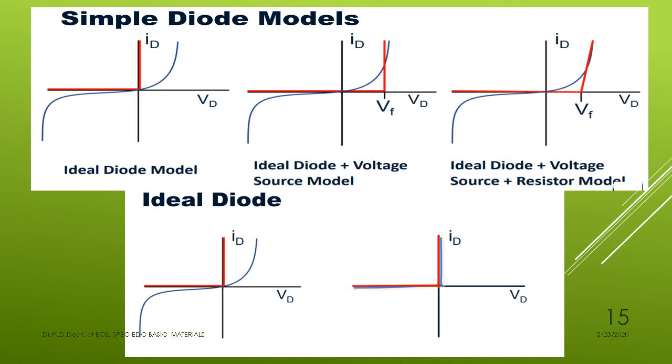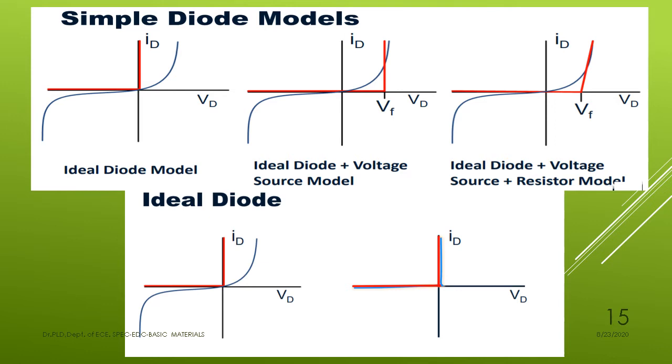These are simple diode models. The first is the ideal diode model. There is no cut-in voltage for the ideal diode model because an ideal diode doesn't have any internal resistance. If the internal resistance of the diode is 0, the drop across the diode is also 0, and current starts to flow immediately.